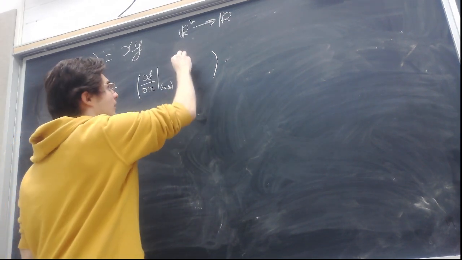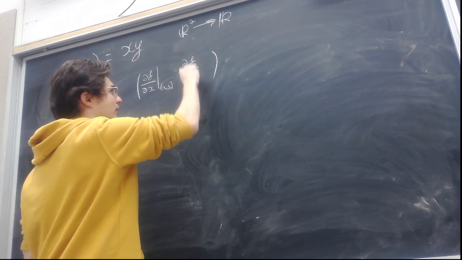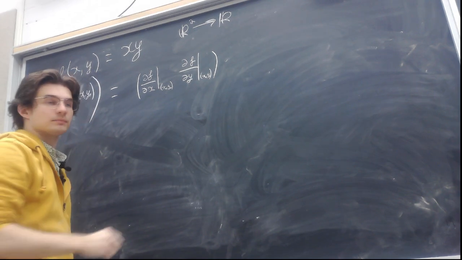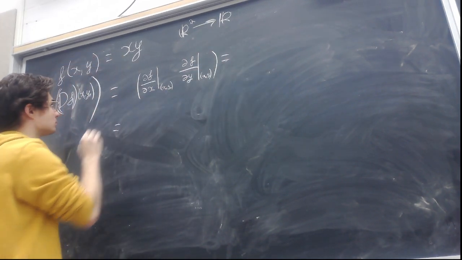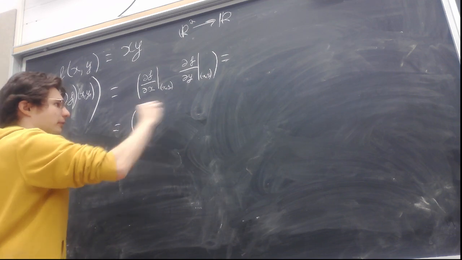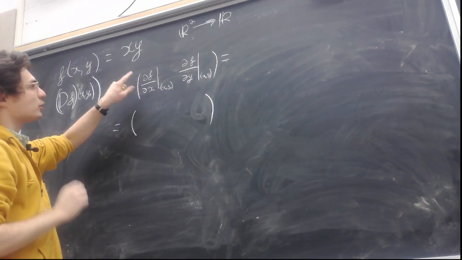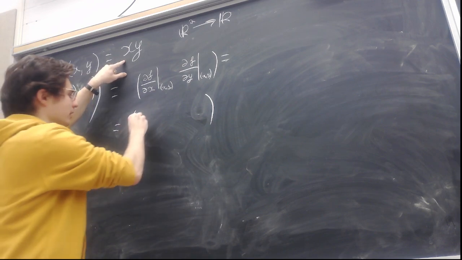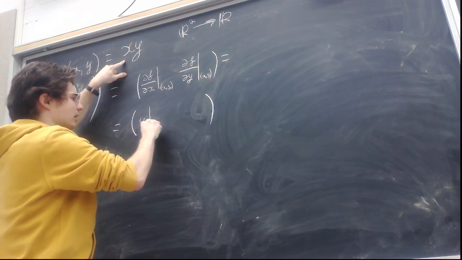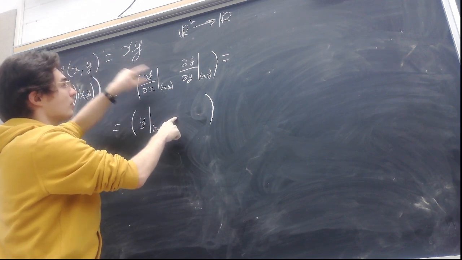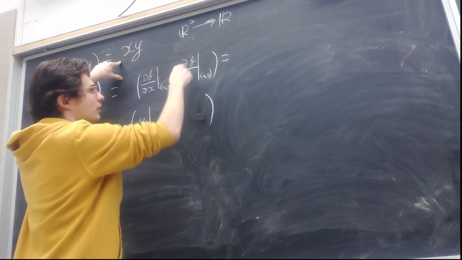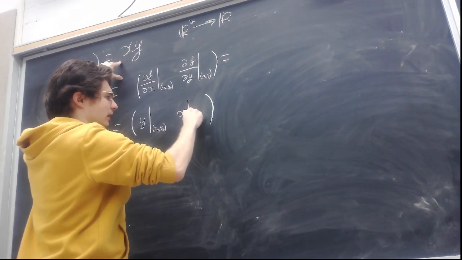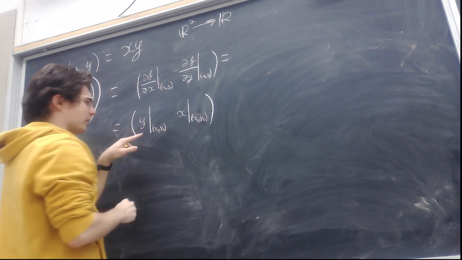Then I want to take the derivative of f with respect to y, also evaluated at x naught, y naught. Do you agree? Okay. The partial derivative of f with respect to x is y, and we want to evaluate y at x naught, y naught. The derivative of f with respect to y is x, and I want to evaluate that at x naught, y naught. What is y evaluated at x naught, y naught?